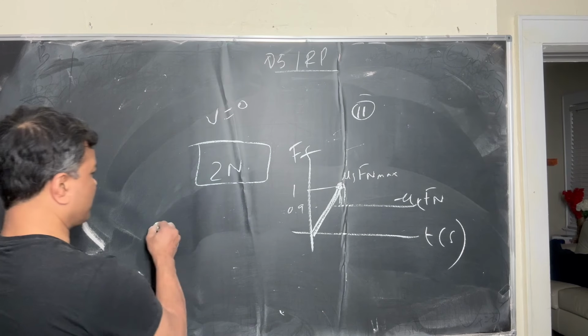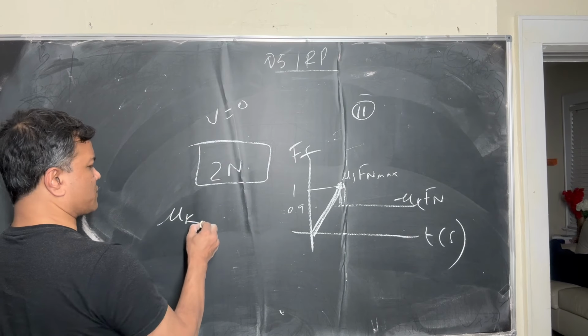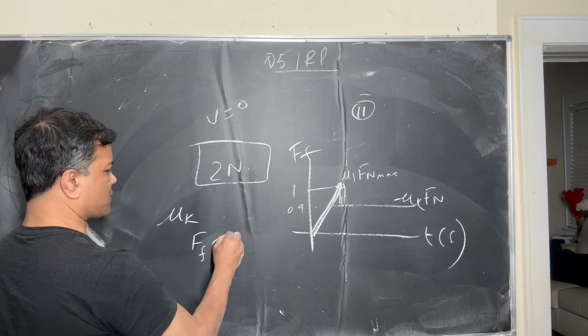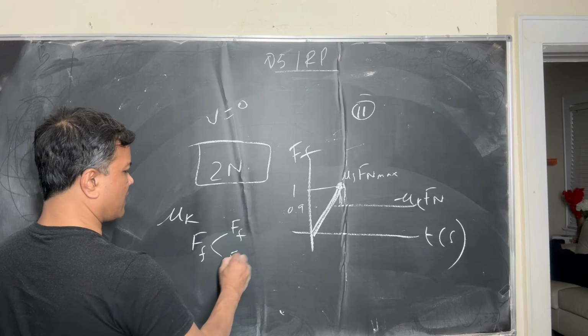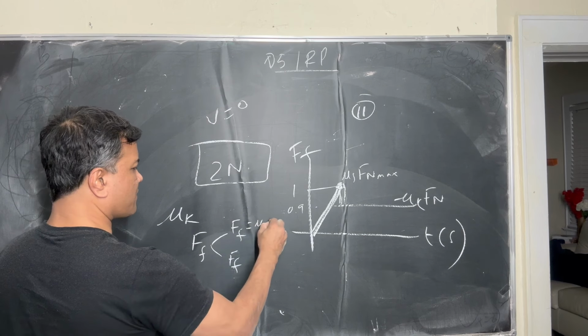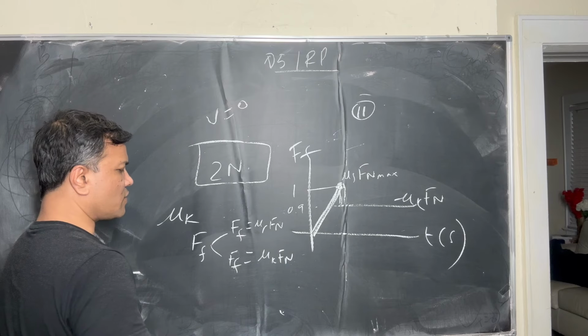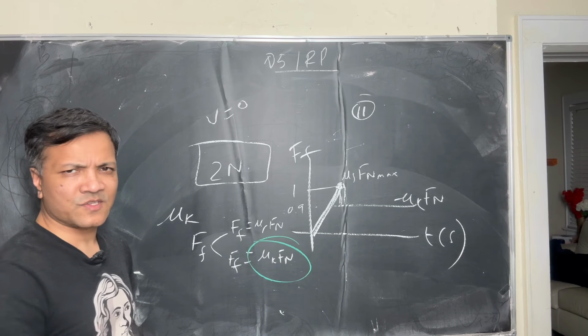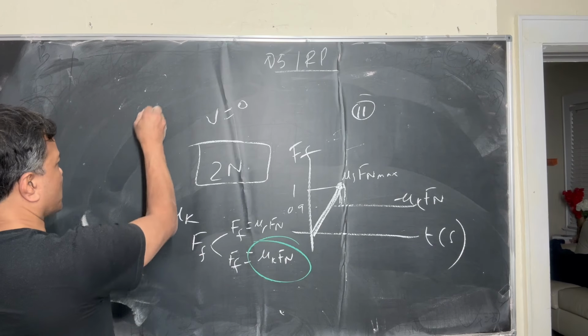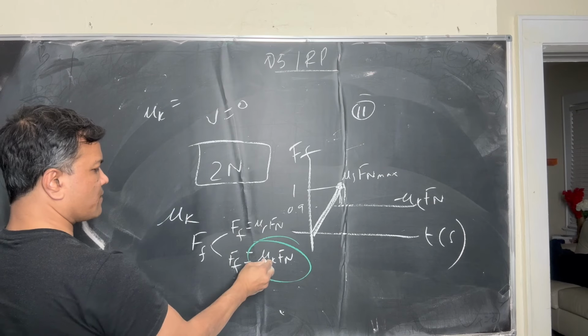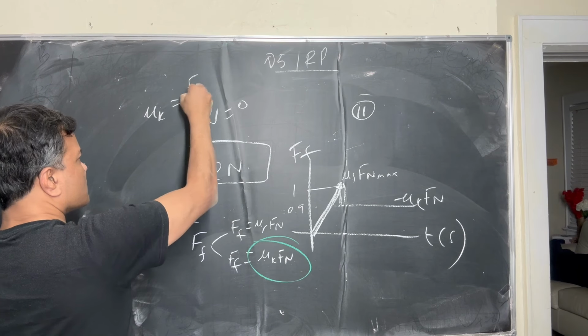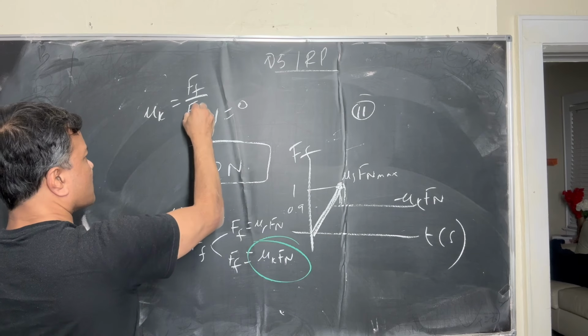Find the mu k. To find the mu k, of course, you're going to do what? Ff is equal to mu s Fn or mu k Fn, right? You know the box is moving, means you have to use this one. When you use this one, what do you get? Mu k is equal to Ff over Fn.